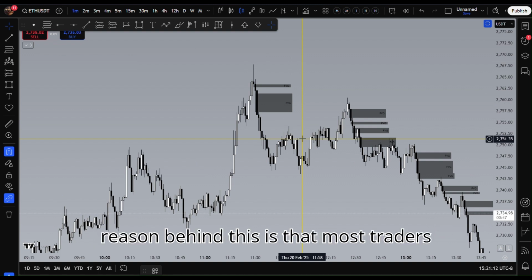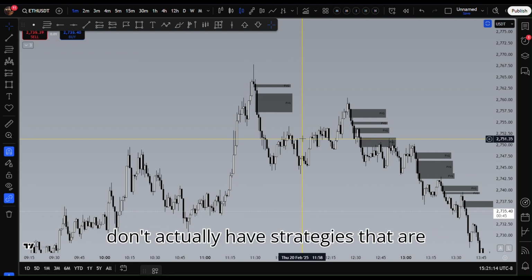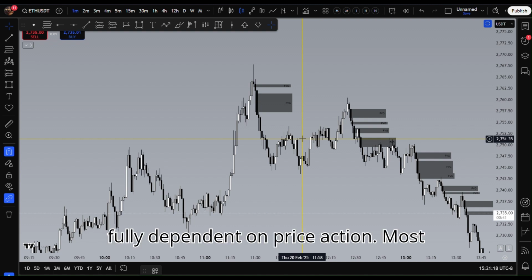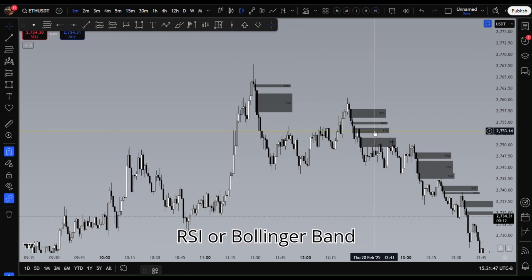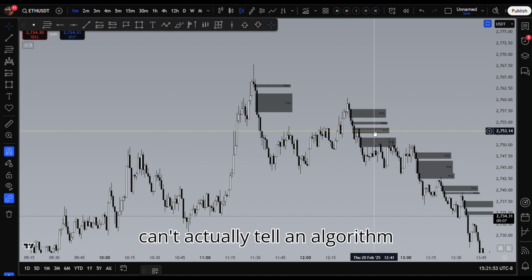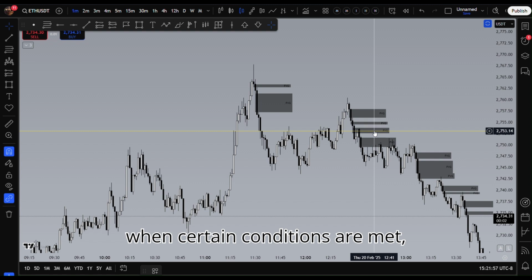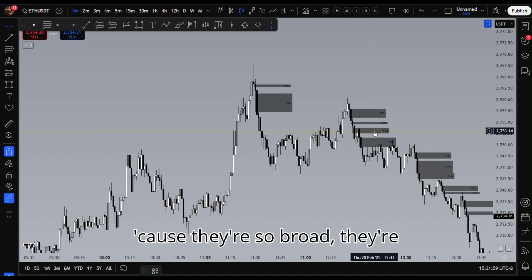So the reason behind this is that most traders don't actually have strategies that are fully dependent on price action. Most traders have strategies with RSI or Bollinger Band, stochastic, but you can't actually tell an algorithm when certain conditions are met, because they're so broad.